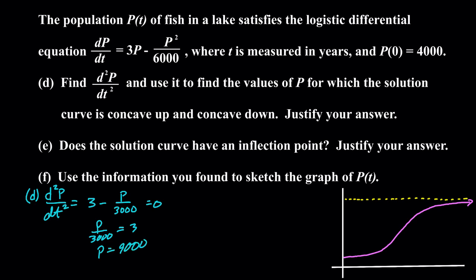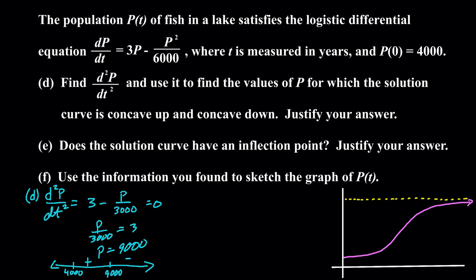And if we do a sign chart with this, where we have an initial population of 4,000 and 9,000 right here for our second derivative equaling 0, this is positive and negative.